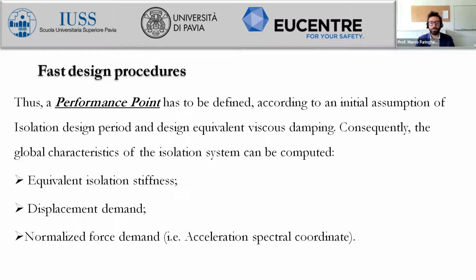According to the definition of this performance point, we have seen that the design value of period has to be chosen by considering the minimum period value for seismic isolation.